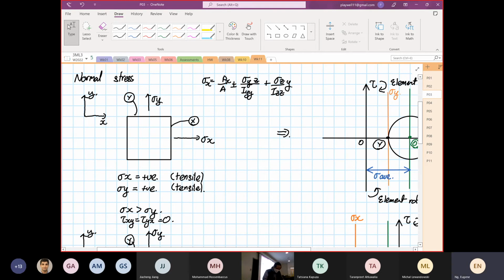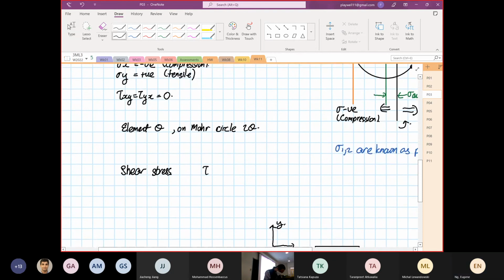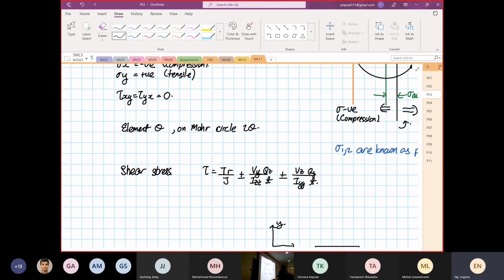So I write down the formula for the shear is equal to TR over J plus or minus Vy over IZZ QZ divided by T plus or minus VZ over IYY QY over T. That is how you determine the normal stresses and the what? Shear stresses. That's why this topic seems to be complicated, because we integrate everything together, including the kitchen sink.